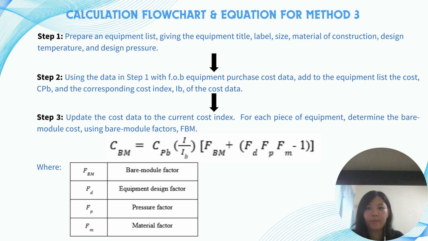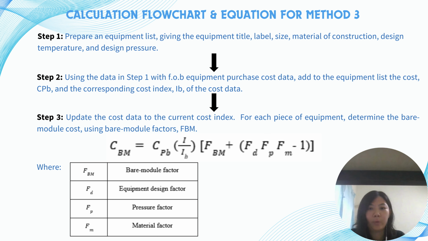And this is the calculation flowchart and equation for method 3. Step 1. Prepare an equipment list, giving the equipment title, label, size, material of construction, design temperature, and design pressure. And step 2. Using the data in step 1 with FOB equipment purchase cost data, add to the equipment list the cost, CPB, and the corresponding cost index of the cost data. And then update the cost data to the current cost index.